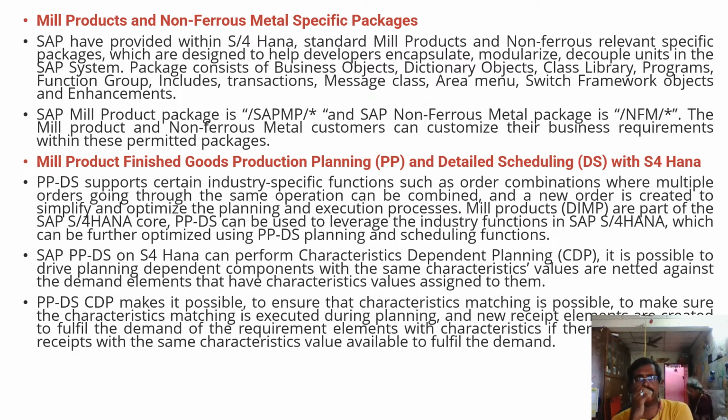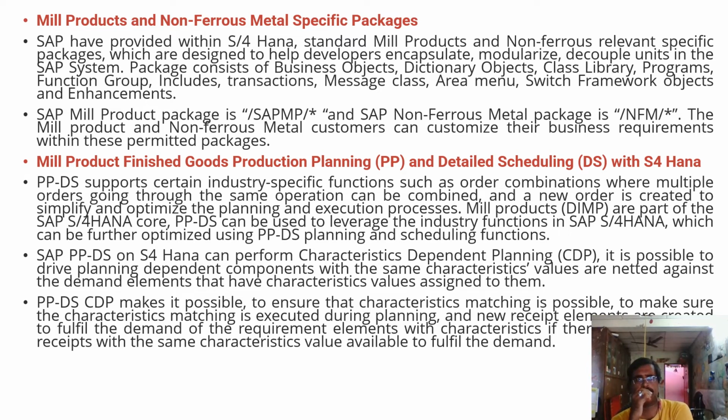PP/DS can be used to leverage the industry functions in SAP S/4HANA, which can be further optimized using PP/DS planning and scheduling functions. The SAP PP/DS on SAP S/4HANA can perform characteristic dependent planning, so-called CDP. It is possible to drive planning of dependent components within the same characteristic values, so they are netted against the demand elements that have a characteristic value assigned to each of them.